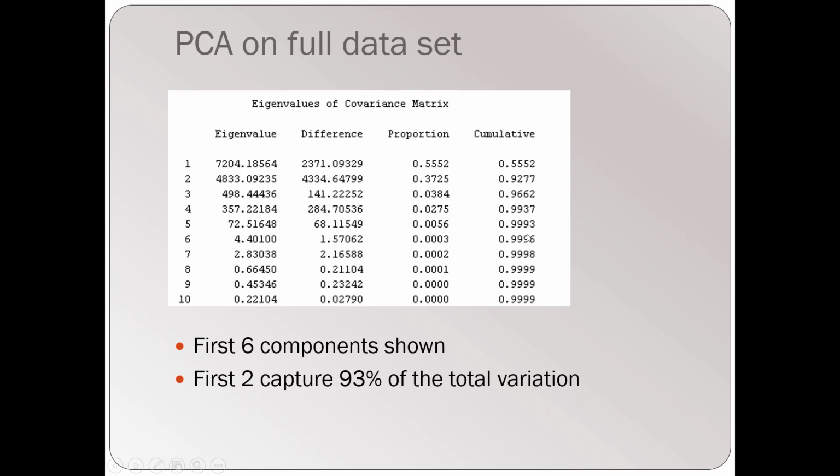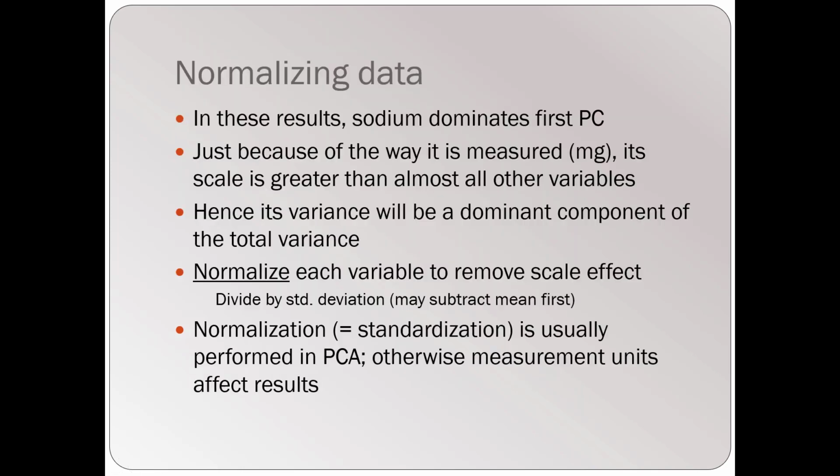And if you go down to 8 components, you get 99.99%. So here, with 4 principal components, you've captured 99% of the variance. So you can throw the rest of them out.